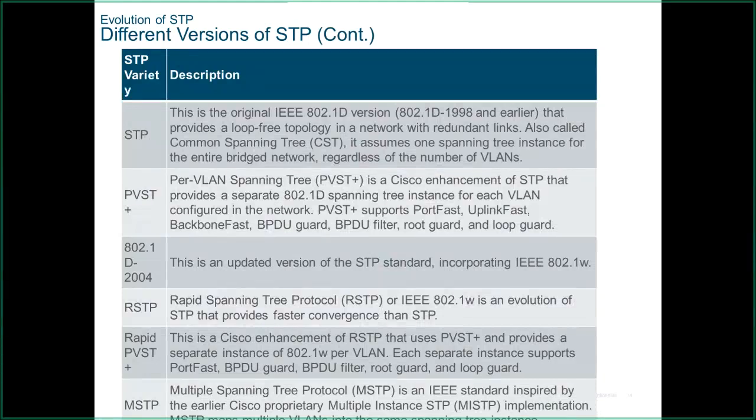So what we would do is instigate multiple spanning tree and group all the odd number VLANs in instance 1 and all the even VLANs in instance 2. Boom.